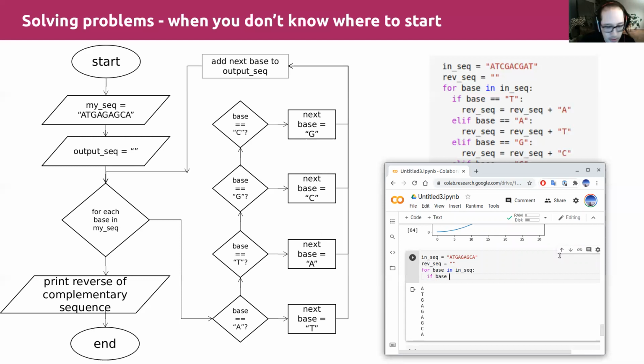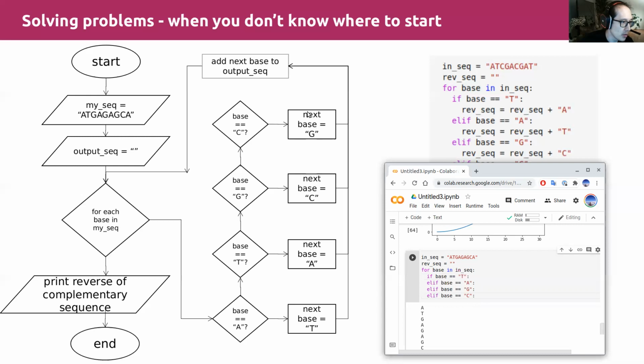If base equal to, let's say, T, and we add elif, and we'll just change these, A, G, C.